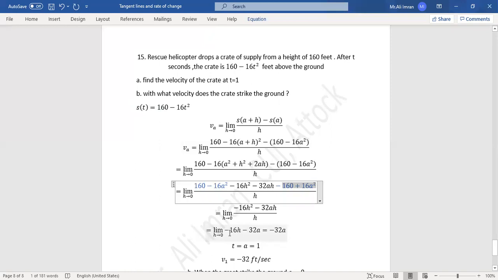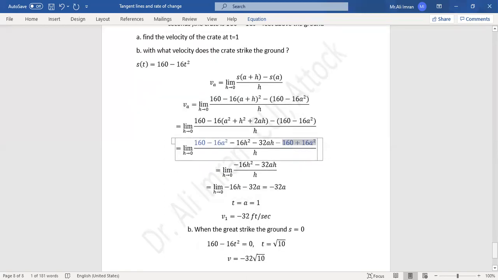Putting the limit h approaches 0, we will have the velocity at point A is equal to minus 32a. If t is equal to 1, we have to find the velocity of the crate at t is equal to 1, and t is equal to a. Put a is equal to 1, we will have the velocity after 1 second is equal to minus 32 feet per second.